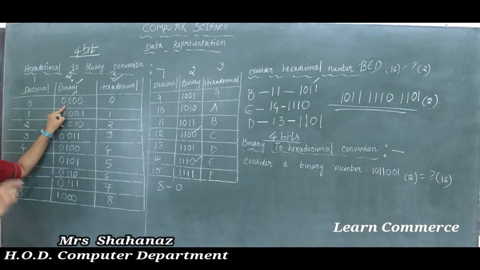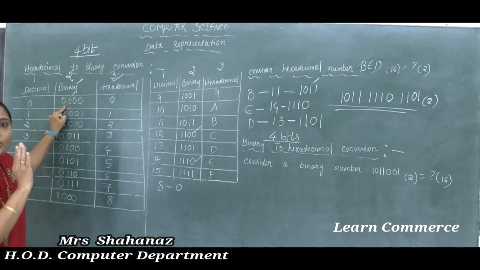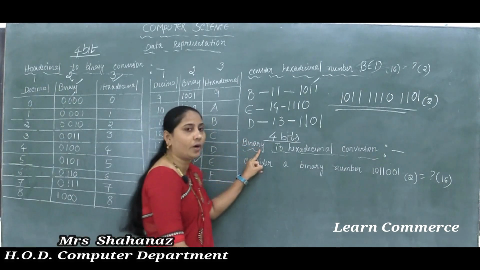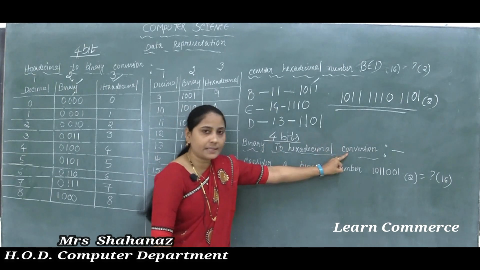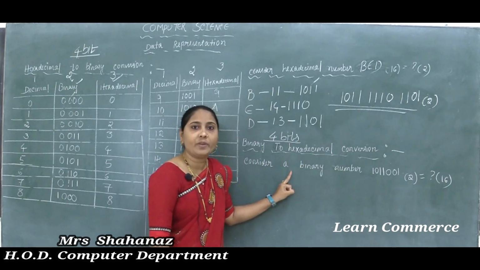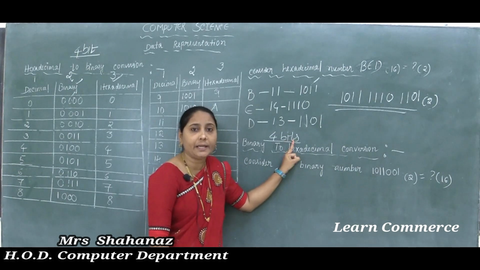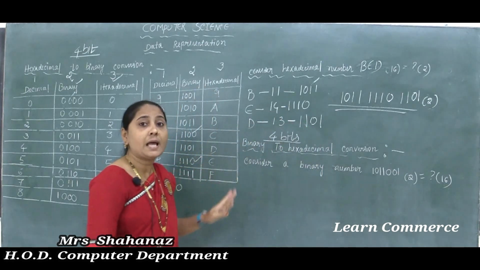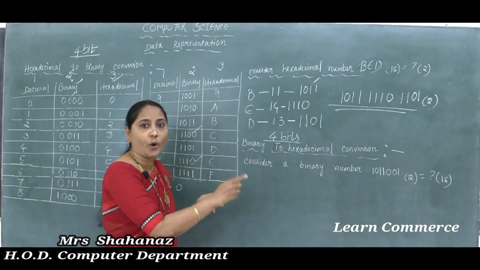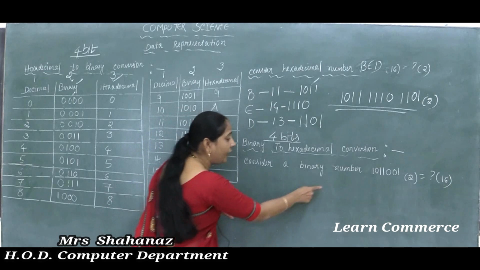In each group there are totally 4 bits. So when you convert any number from binary to hexadecimal, sure we need to break the binary digit into groups of 4 bits, starting from the binary point, that means we need to convert from the right side.